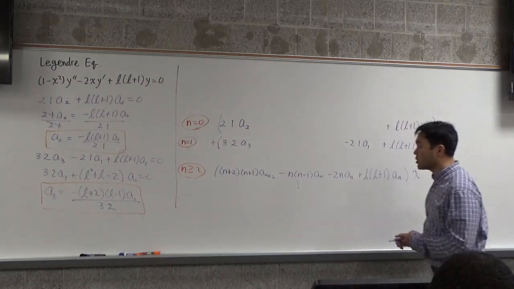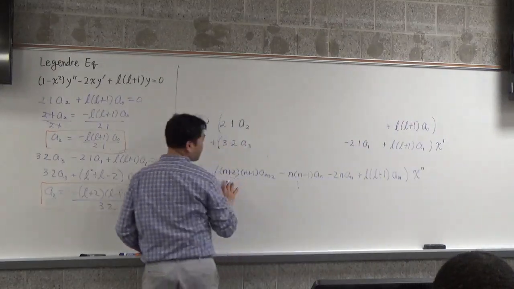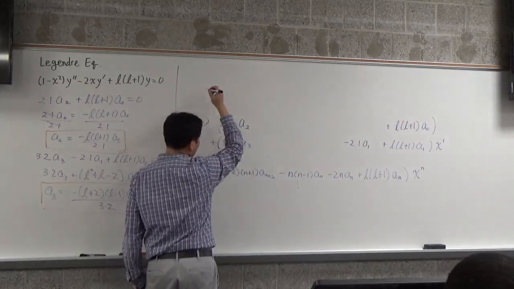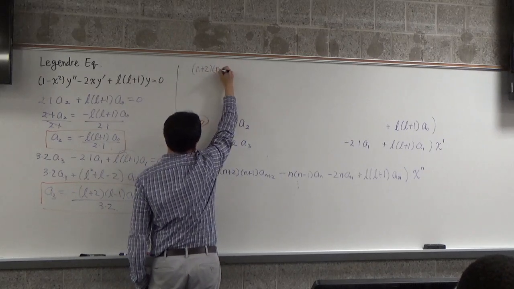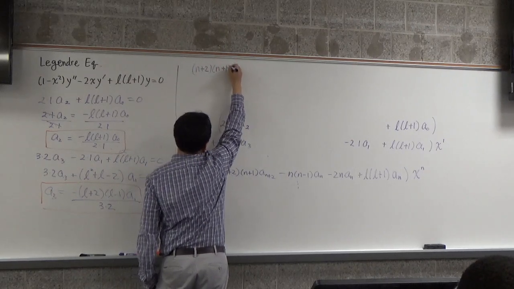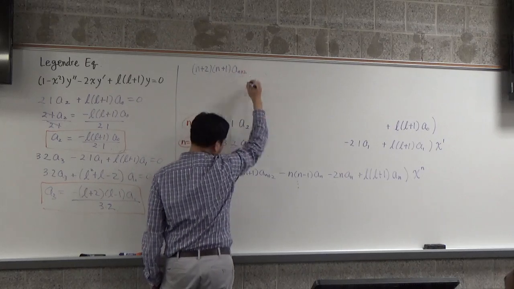Okay, this one, I need to put this as 0 too, so n plus 2, n plus 1, a_n plus 2.